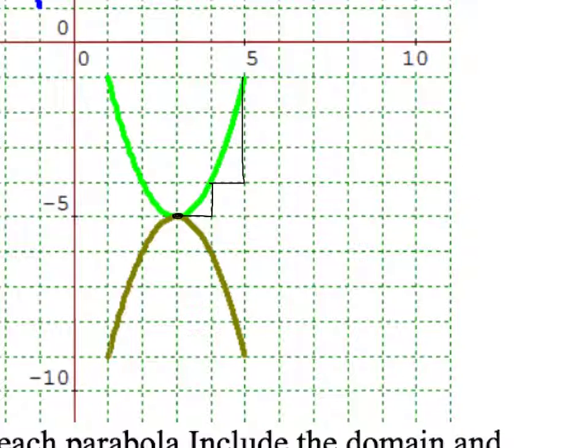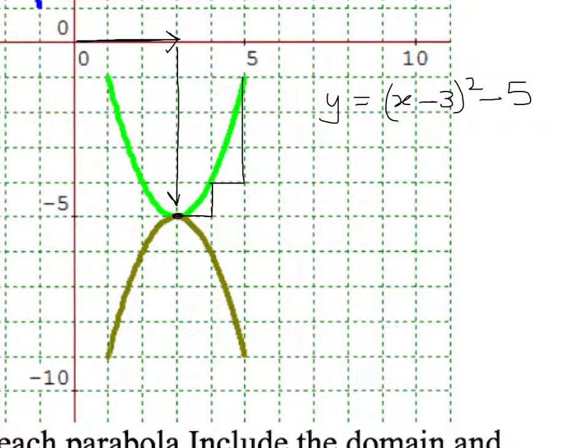It's only been translated. And it's come 3 across in this direction. So it's going to be y equals x. Remember, it's going positive, but in the bracket it's minus 3 squared, and it's gone down 5, and so it's minus 5.